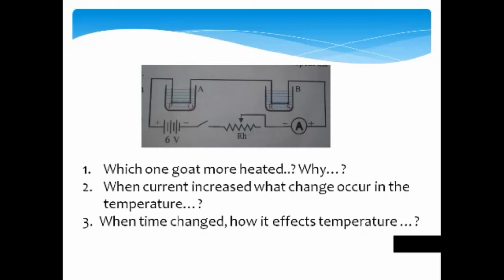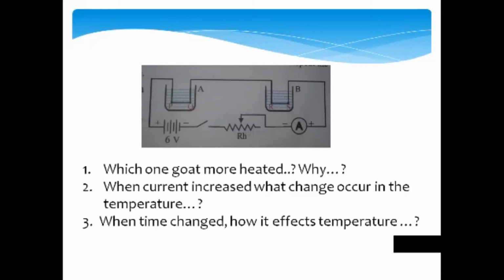First of all, we have to measure the temperature in both beakers A and B using a thermometer, and note the temperature at the first time. Then we apply the current using the rheostat.